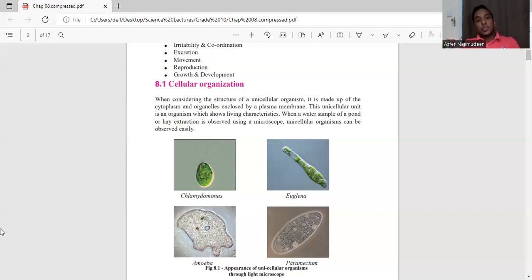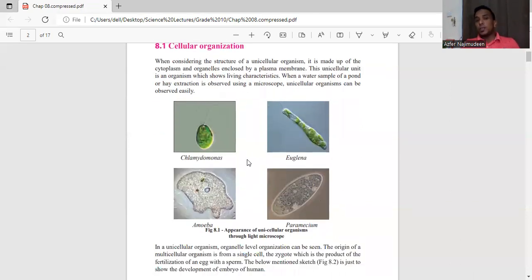So here you can see we are going to observe the sample of water from a pond, so that we can see unicellular organisms. You can see microorganisms. So you can see these 4 are unicellular organisms. Sometimes you can get these questions in the paper. In your MCQ, they can give you these images and tell you to identify this, or else they can tell you to identify unicellular from multicellular.